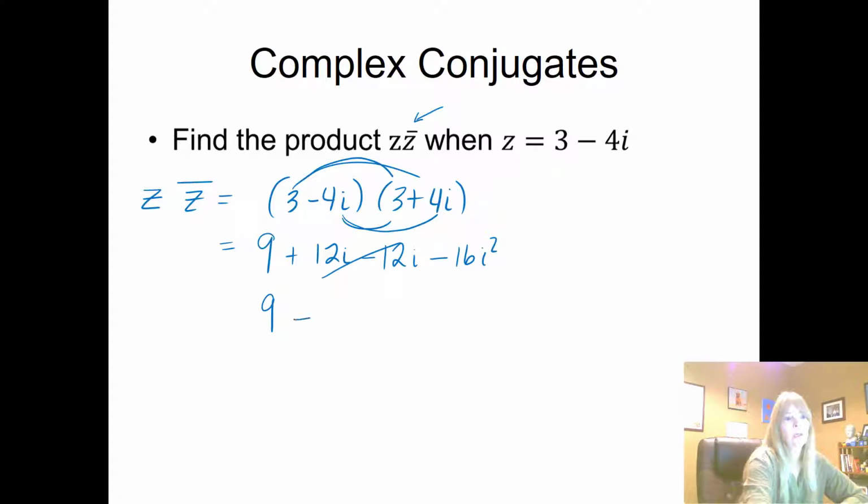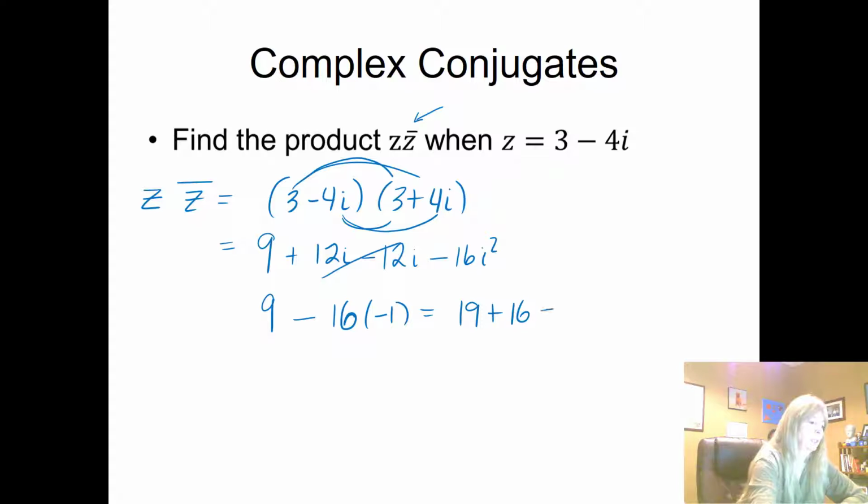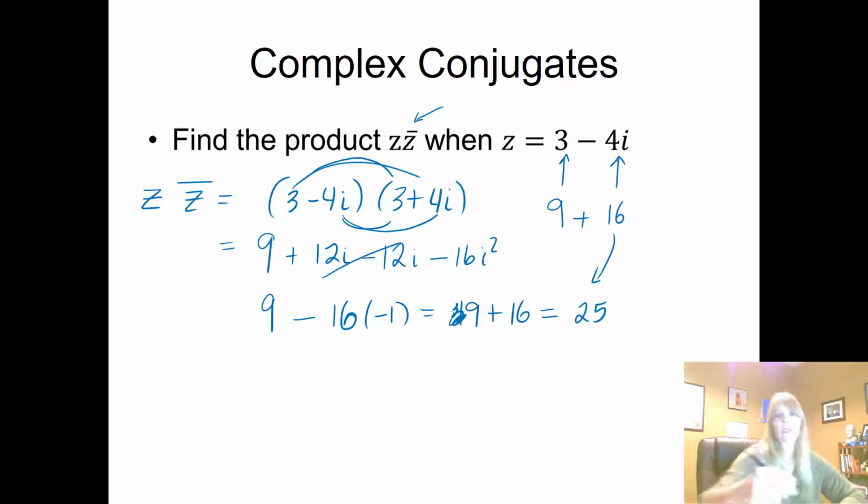And then once again here, i squared becomes -1. So this becomes 9 plus 16, which equals 25. So if you notice, if you square the first term and you square the second term and you add them together, you get the answer.